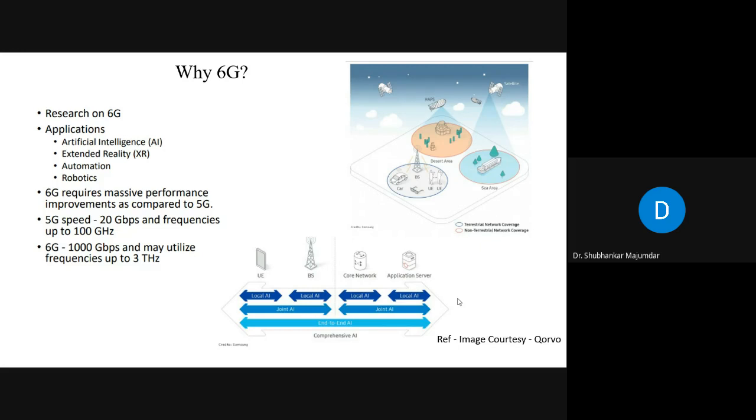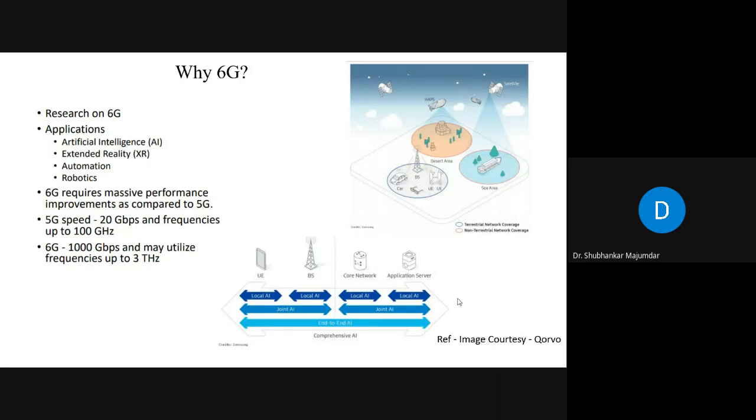Degradation will happen, but it will be less than your threshold degradation, so that the power of the signal will be transmitted easily from one end to the other end. So this is the basic problem with the 6G network, as it is working at 95 gigahertz.